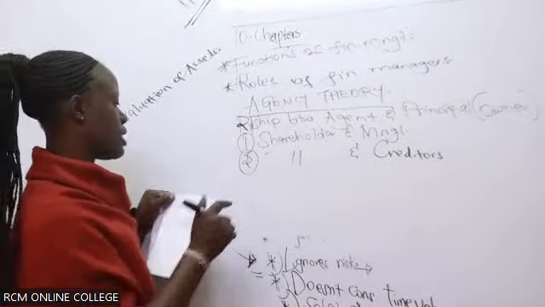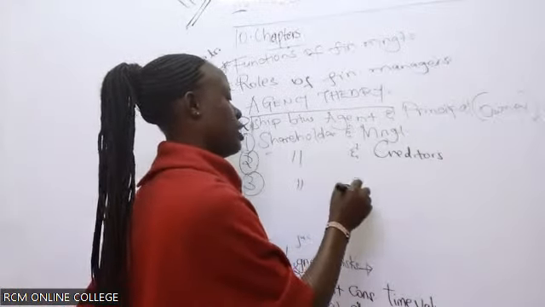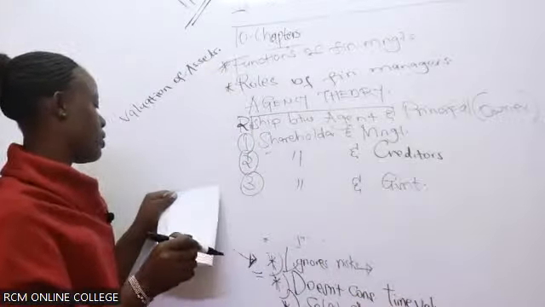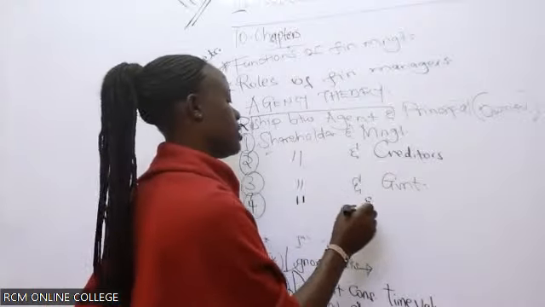We can also look at the relationship between shareholder and the creditors, the relationship between shareholder and the government, and the relationship between shareholders and auditors.